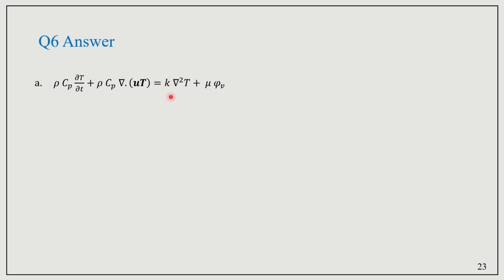So here K is appearing. K is nothing but conductivity. So K into del square T plus mu into phi V. Here it is a viscous dissipation term. So it is a diffusion term, and if we generally look at the equations, momentum conservation or energy conservation, we all have one thing in common. We can find the diffusive term, the rate of change with respect to time, and the term due to the convective motion.